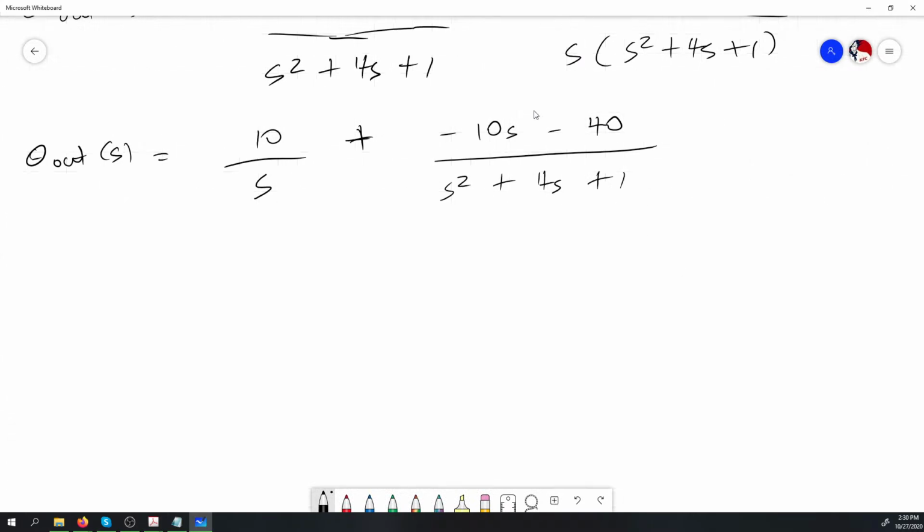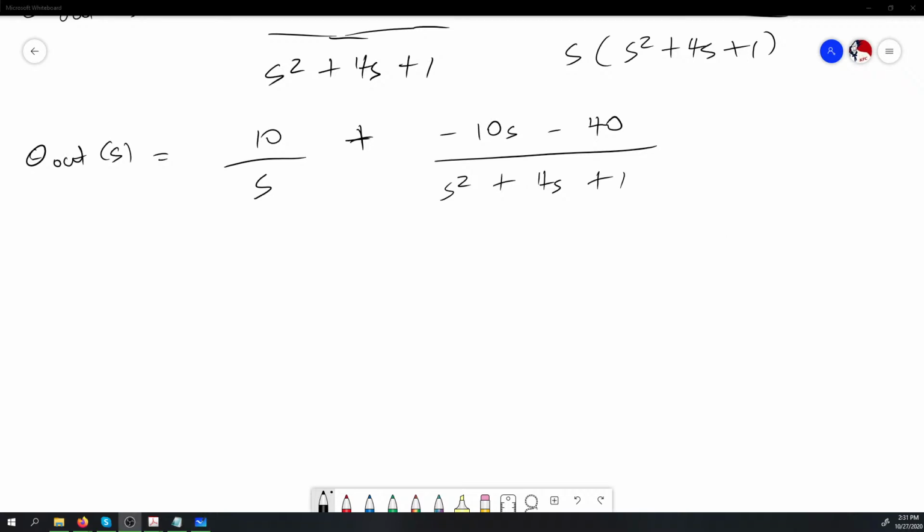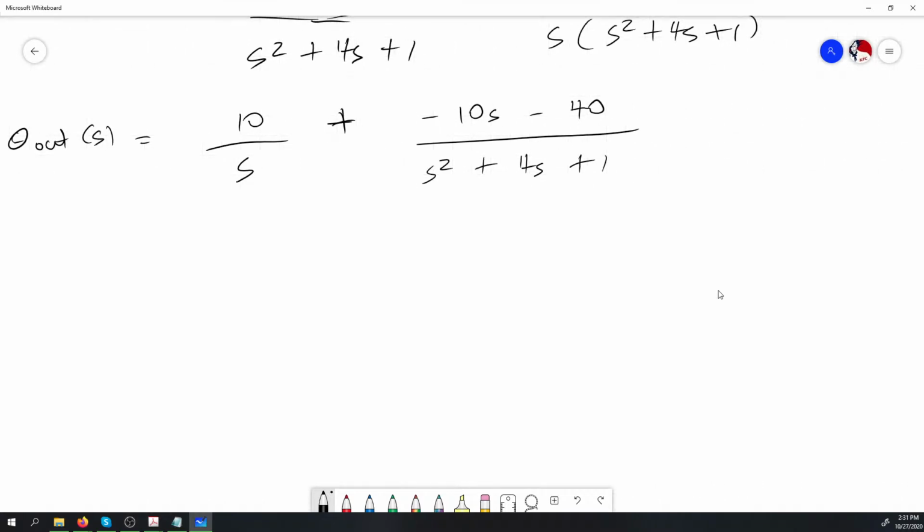Alright, so this factor here, we realize that if we try to factorize this denominator, we're going to get imaginary roots. In doing so, we don't really want imaginary roots when we're trying to solve for our Laplace transform. So we're going to have to complete the square here on the denominator in order to proceed. I'm going to be focusing on only this part of the equation for the time being.